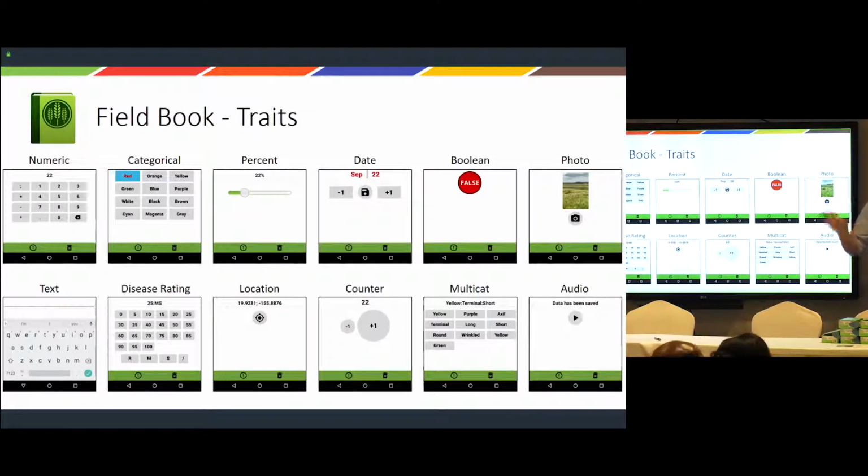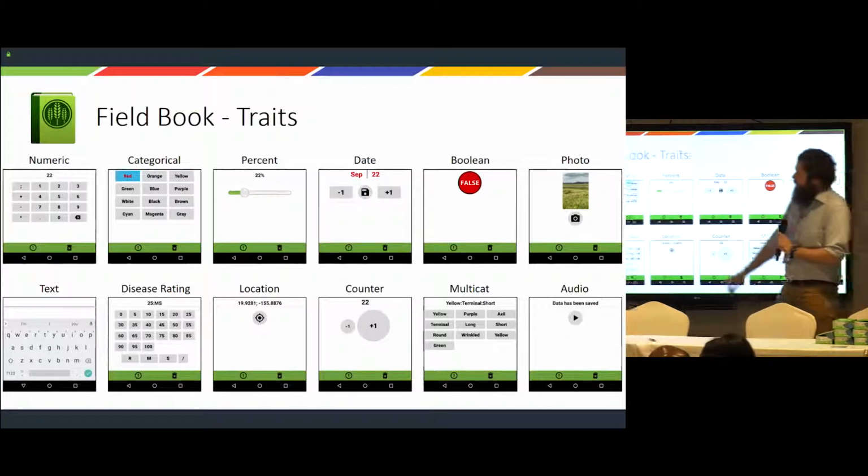So we have a lot of information saved into each one of our photos. Now, photos are a little different than all of the other trait formats, because we can collect multiple photos per plot. And all of those are saved, organized, and named to make it as easy as possible to analyze those photos.